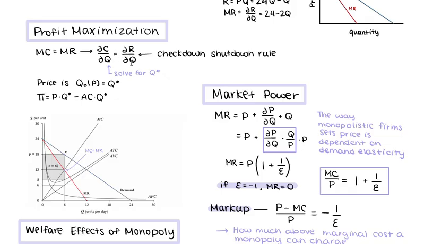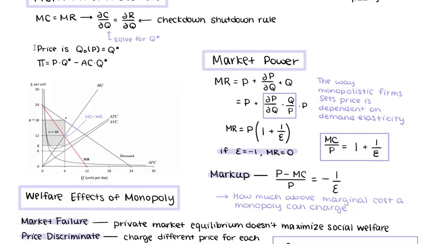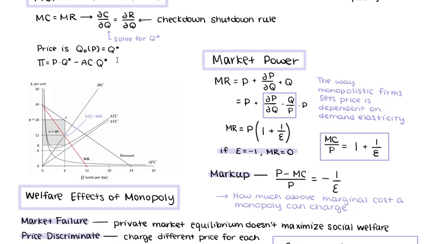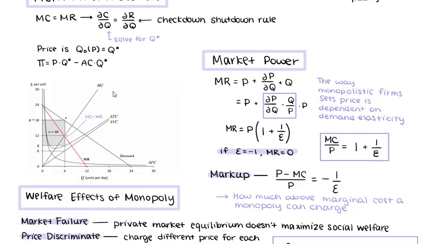We need to check the shutdown rule. Okay, the price is this, and the profit is price times Q star minus average cost times Q star. So we can simply see these graphs.